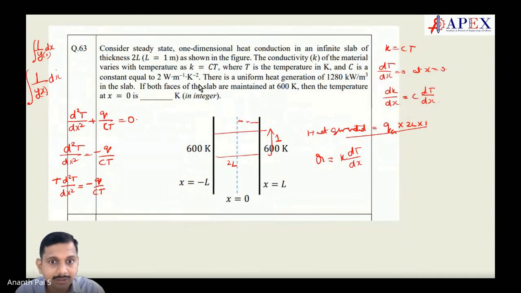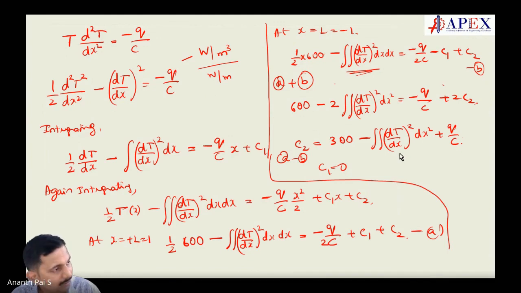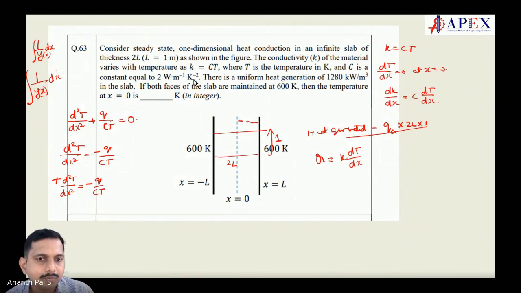This is watt per meter Kelvin square. Okay, let us use another one. Let us use another one. Okay, watt per meter Kelvin square it is.